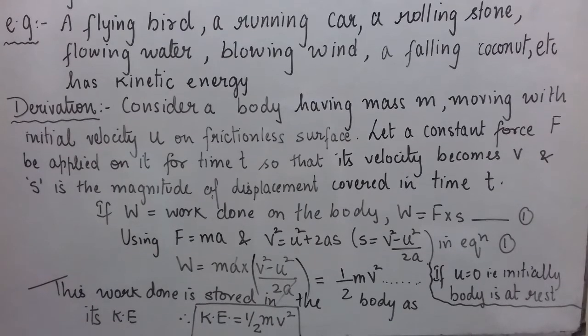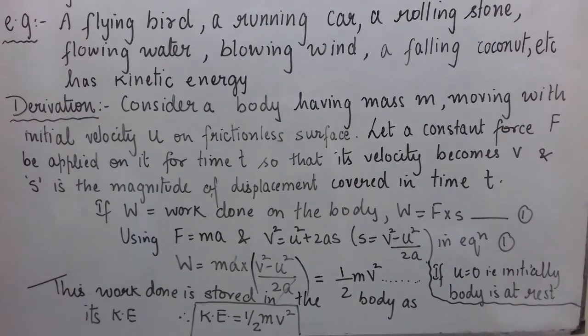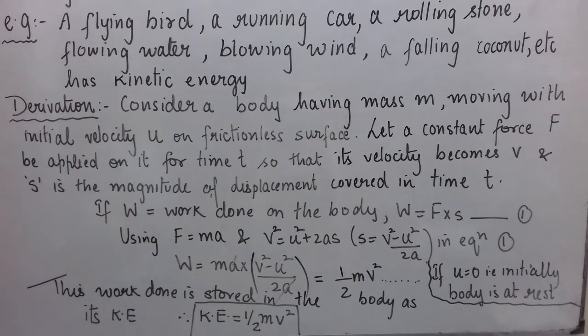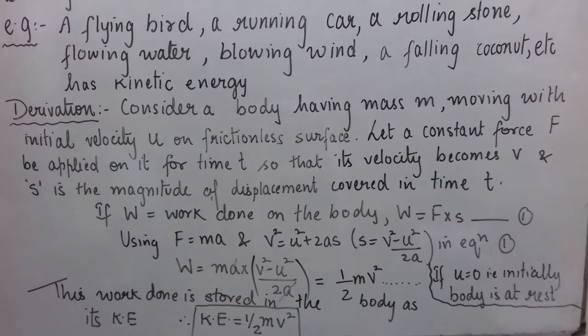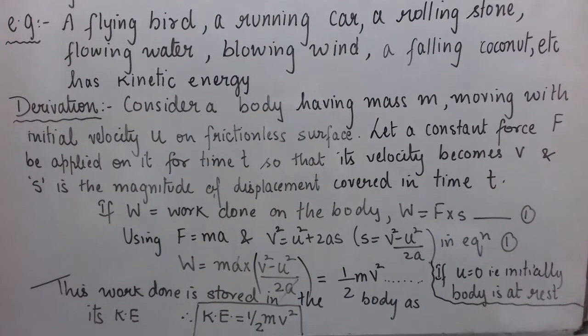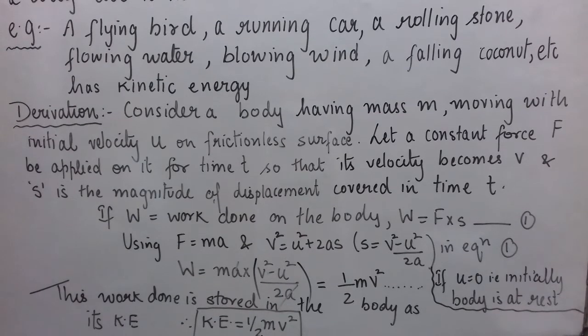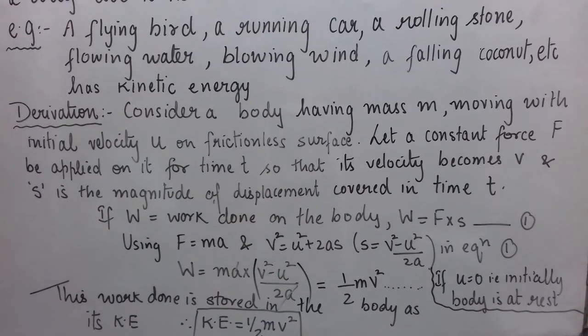Now you can do one more question with the same method. You know, work energy principle is there. Work energy theorem or work energy principle. What it says is that whenever work is done on the body, that work done is equal to change in its mechanical energy.